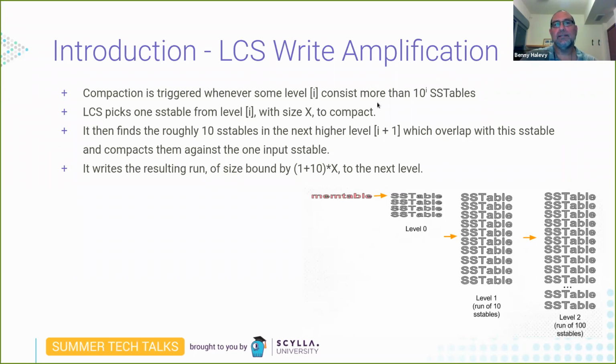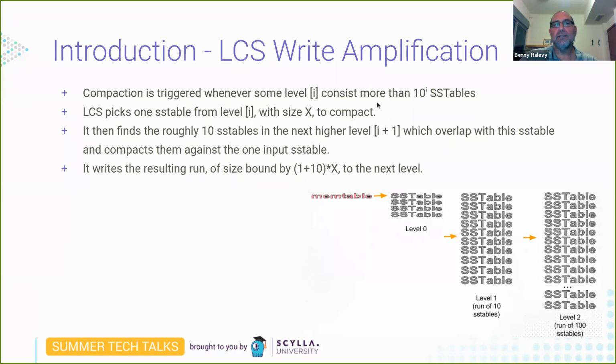It picks one SSTable from level I. That SSTable will have a size X, for example. So it's being picked up for compaction. And then it finds roughly 10 SSTables in the next higher level, I+1, which overlap with this SSTable.